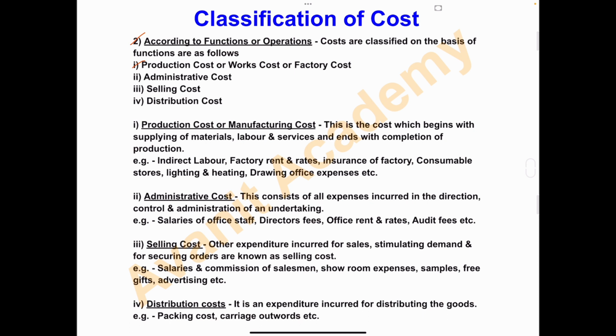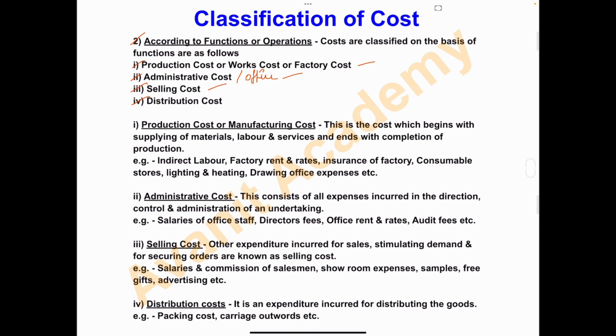Second one, administrative overhead. Administrative overhead is also called office overhead or office cost. Third one, selling cost. And fourth one is distribution cost. Got all of you? Function-wise, costs are classified into four parts: production cost, office cost or administrative cost, selling cost, and distribution cost.